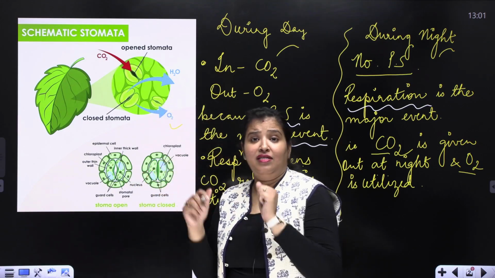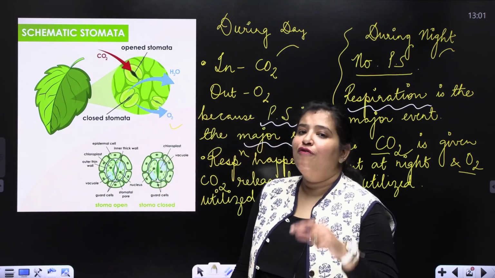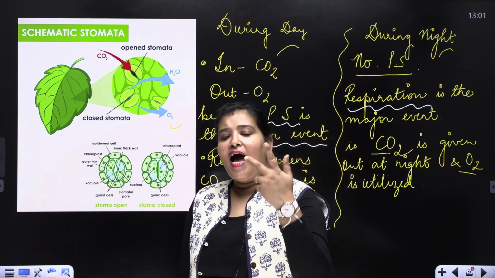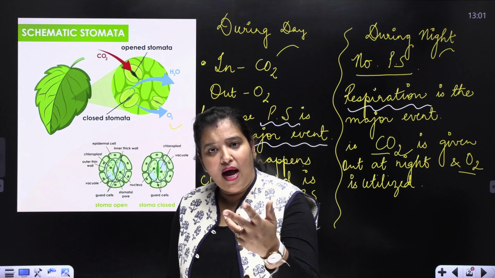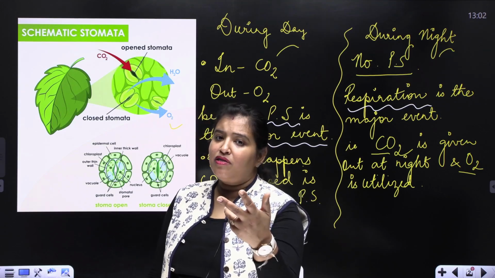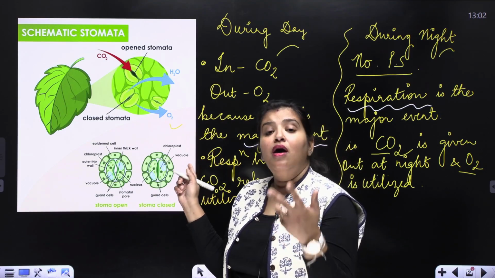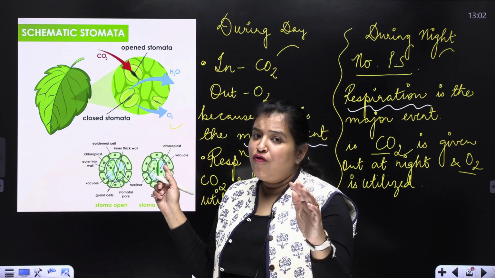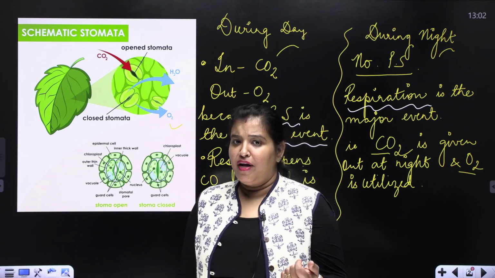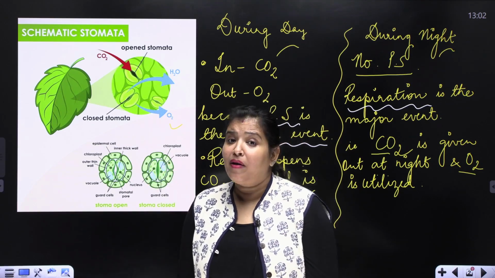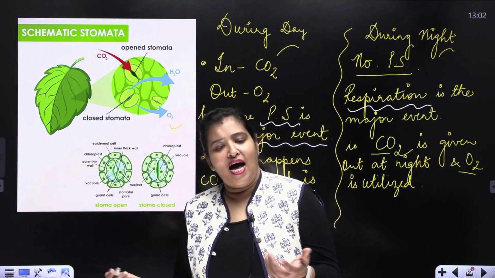The reason is that it is performing photosynthesis during the day and respiration is also happening, but whatever carbon dioxide is being produced is utilized during photosynthesis. But at night, since no photosynthesis is happening, respiration is the only event taking place, and carbon dioxide has to be given out.